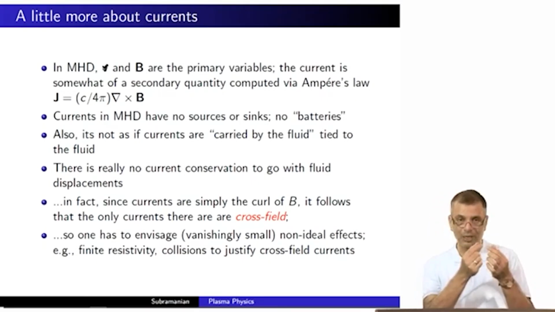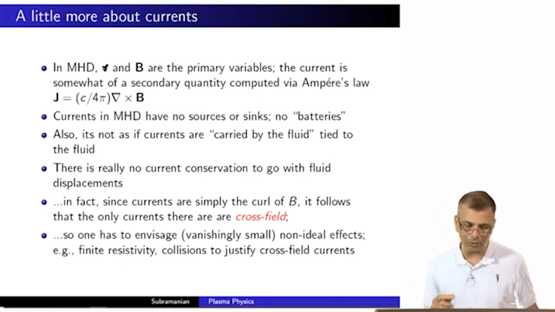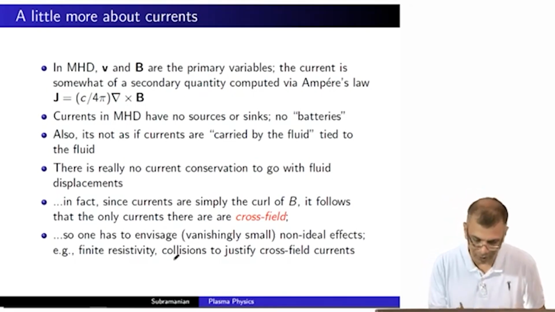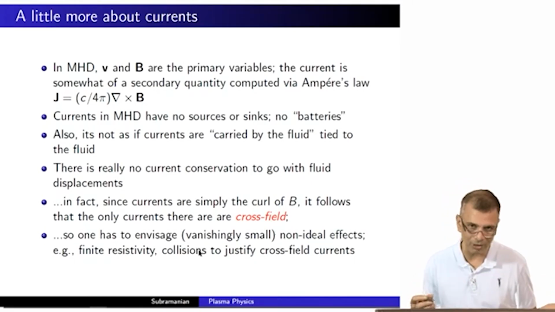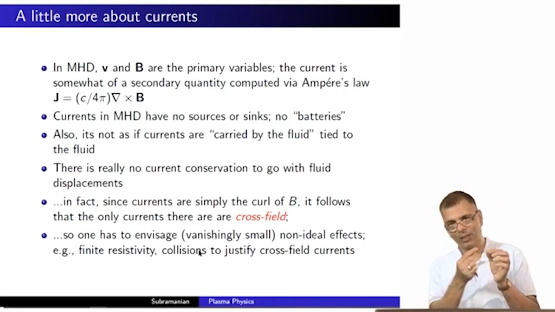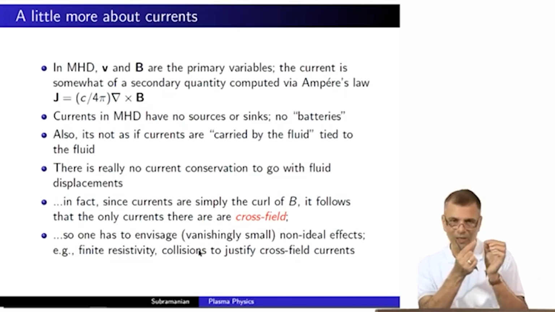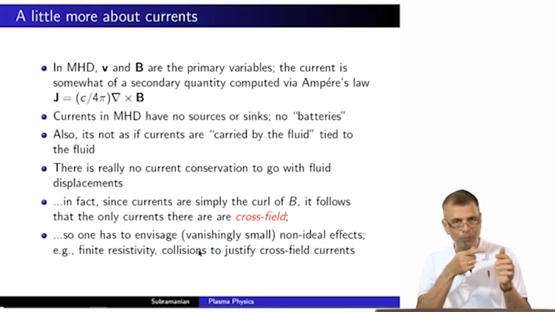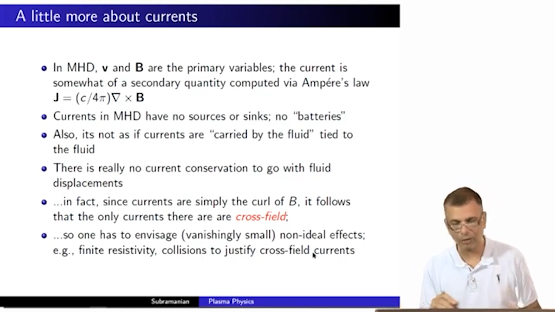Since the gyration is perpendicular to the magnetic field, this small current, which arises due to collisions, which in turn give rise to resistivity, results from small charge imbalances that give rise to slight charge separations in a plane perpendicular to the magnetic field, and that results in these cross field currents.